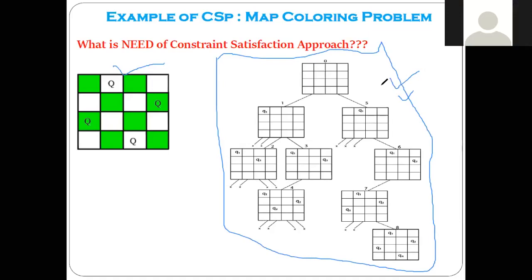What I am asking is, if you don't use the constraint satisfaction, the rules will come there? The constraints are coming there because you are using the constraint satisfaction approach. My question is, if you don't use the constraint satisfaction approach, how will it affect the solution of the problem?